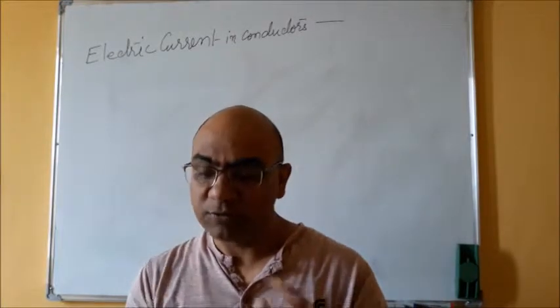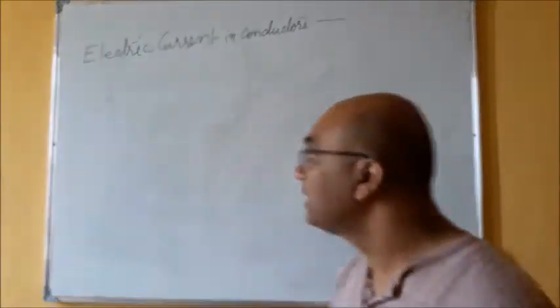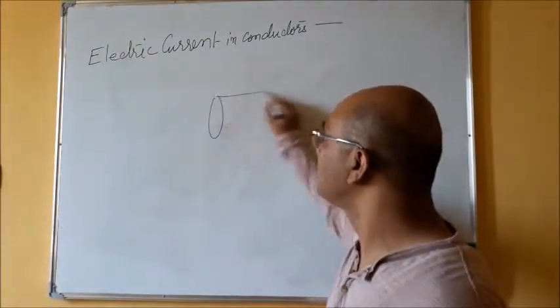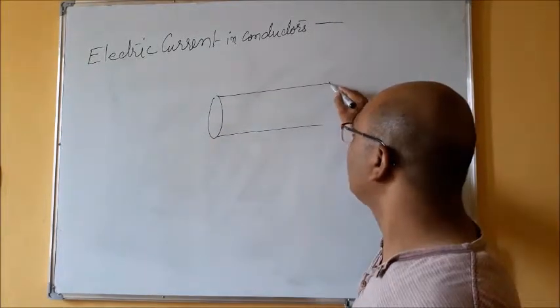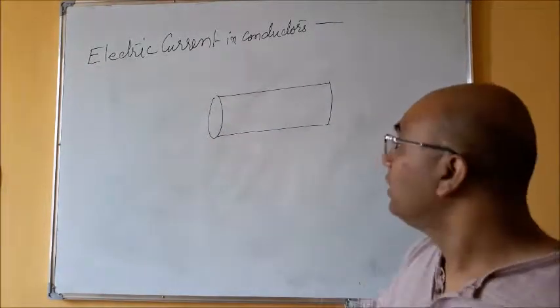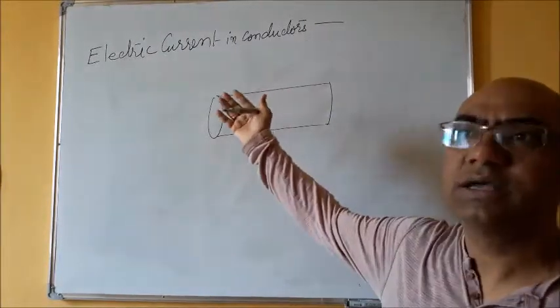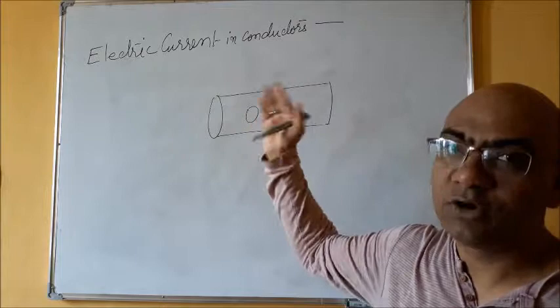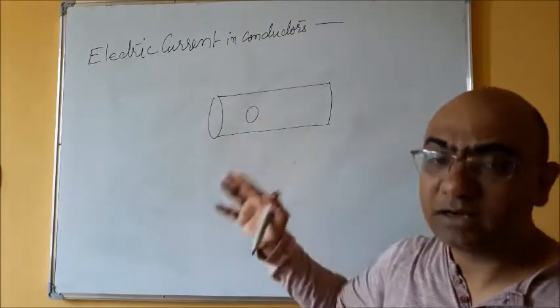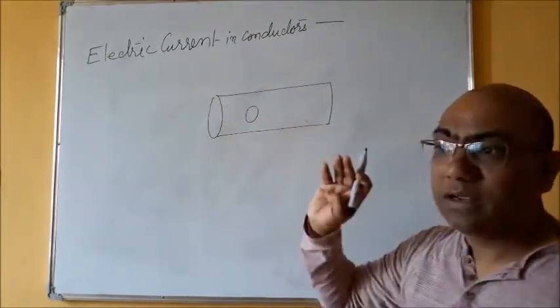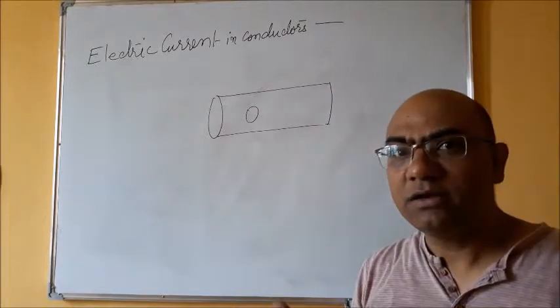So this is the concept of a conductor. If I say this is a conductor of cylindrical shape, the conductor has molecules. Every molecule has atoms, and every atom has electrons as well as neutrons.